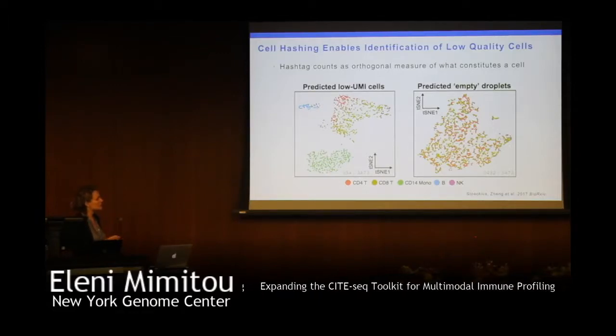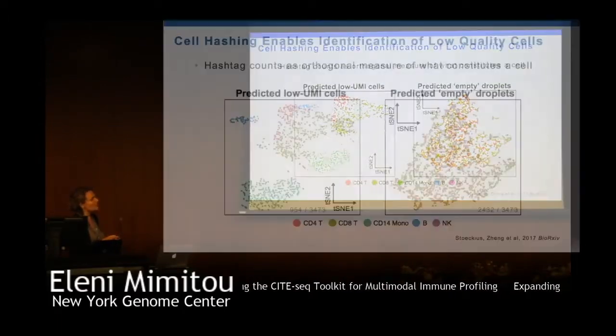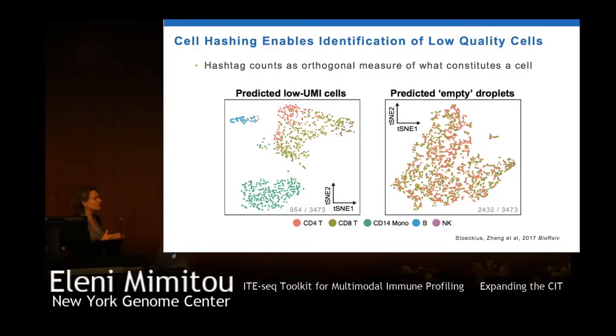But when we look at HTO counts, the ones positive for hashtag information cluster into canonical blood groups, suggesting that they were real cells. Whereas the droplets that were negative for HTO information don't group into any clusters, suggesting that they were probably ambient RNA in empty droplets.